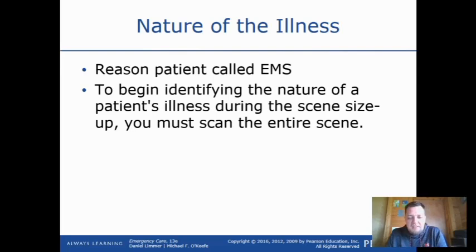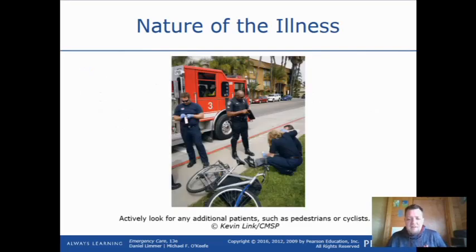So, nature of illness. This is the reason, again, why the patient called EMS. We're going to begin by identifying the nature of the illness during the scene size up, and you must scan the entire scene. Okay, so actively look for additional patients.